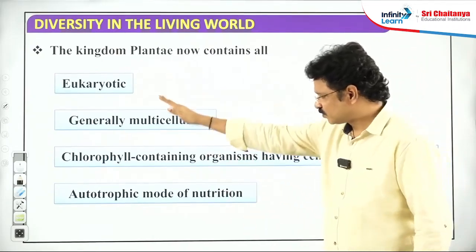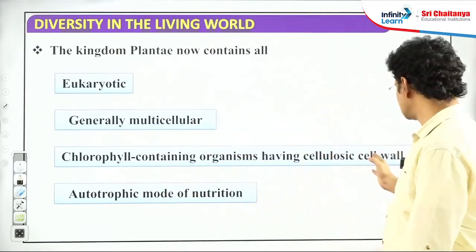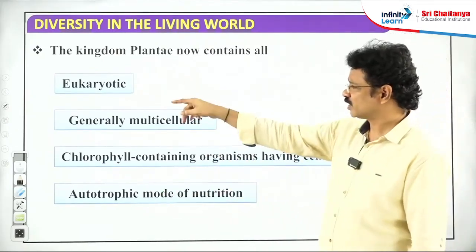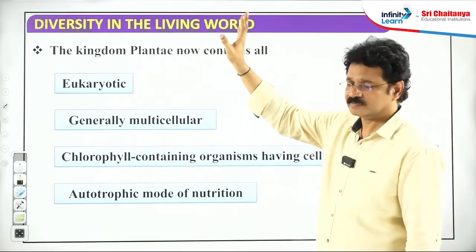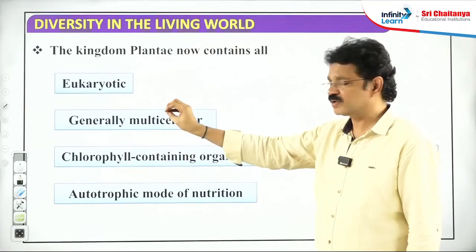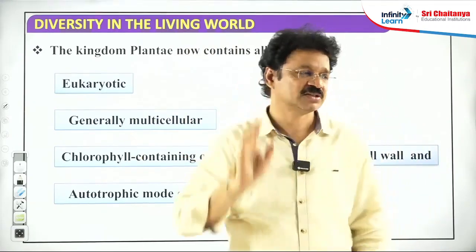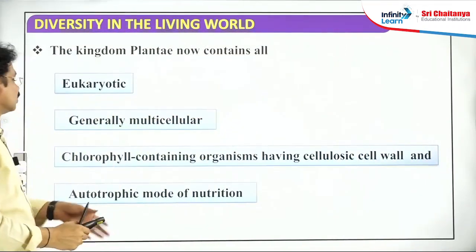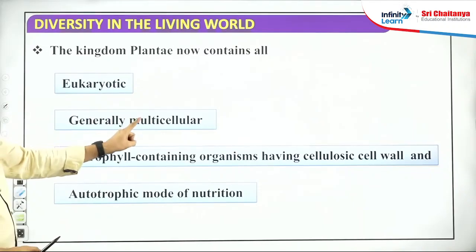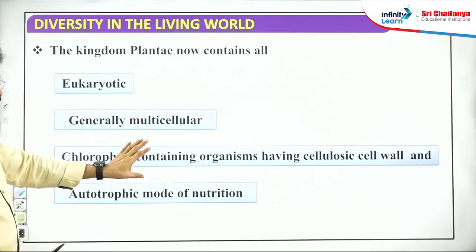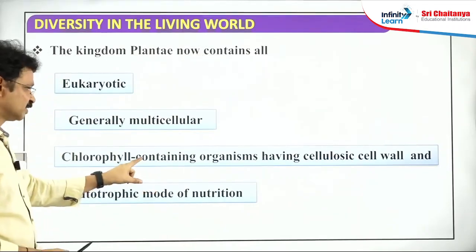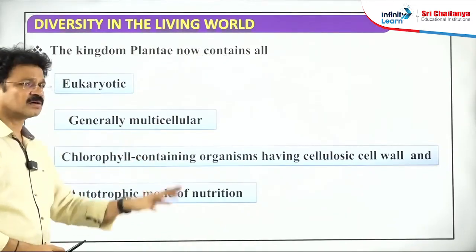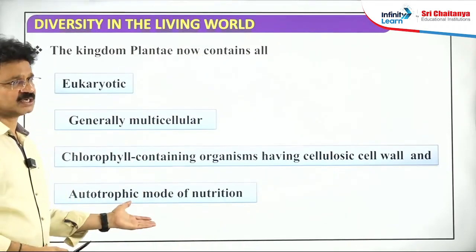In algae, these four features are there, including the cell wall, 5 features. In Bryophyta, Pteridophyta, Gymnosperms, Angiosperms, every member of the plant kingdom possesses these 5 as the commonest characteristic features: eukaryotic cell structure, multicellular nature, presence of chlorophyll and cellulosic cell walls, two points within a single point, and autotrophic mode of nutrition or photosynthetic nature.